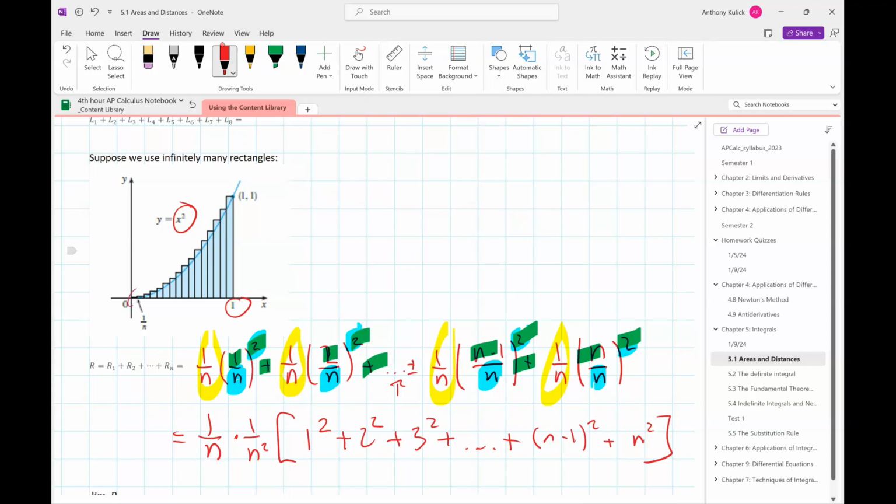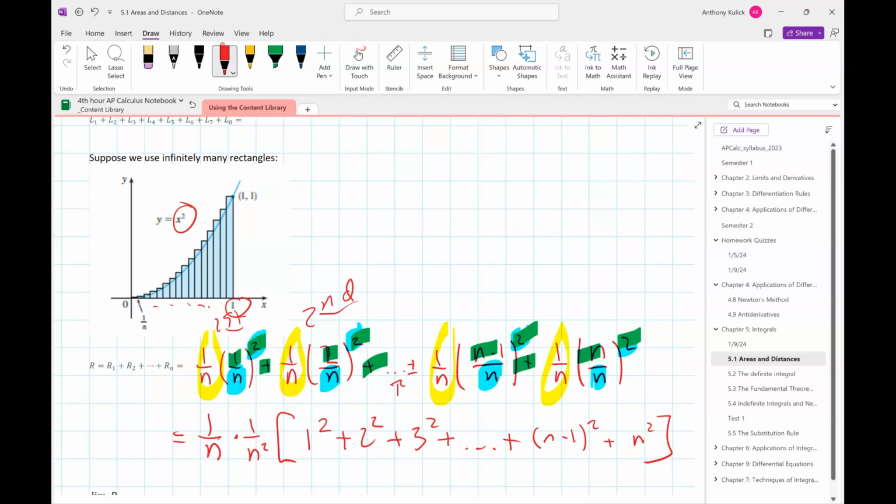So like I did, I have the first rectangle, second rectangle, dot, dot, dot, second to last rectangle, and last rectangle. So because the rectangles are on top now, you're starting to subtract? I have done no subtraction anywhere. Is it because the rectangles are now on top that you put n minus 1 squared plus n squared? No. This is the first rectangle.